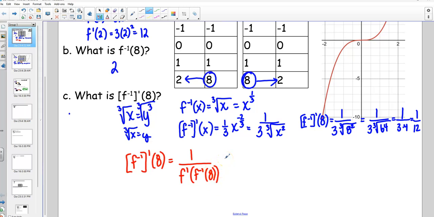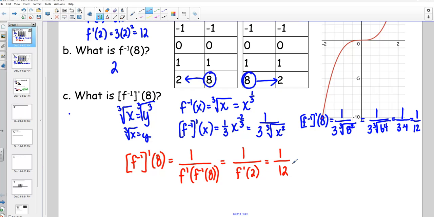And then, if we use the pieces that we found, f inverse of 8 was 2, and f prime of 2 was 12, right?